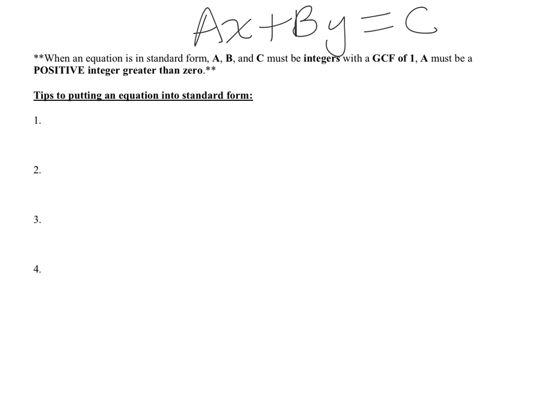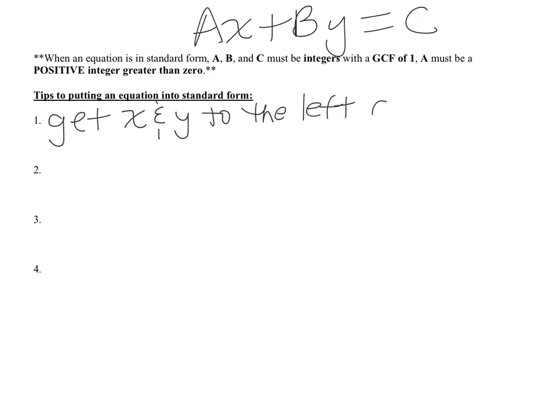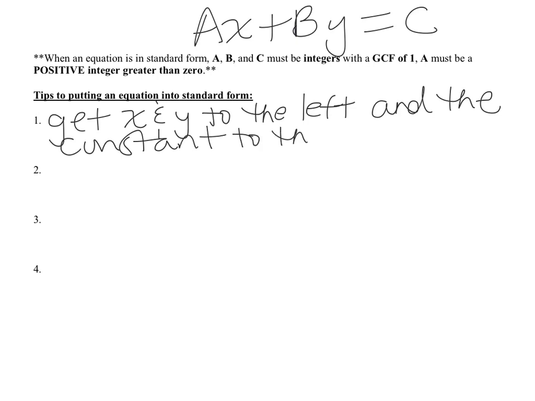So my first tip would be get x and y to the left and the constant to the right. And what I mean by that is to the left of the equal sign.